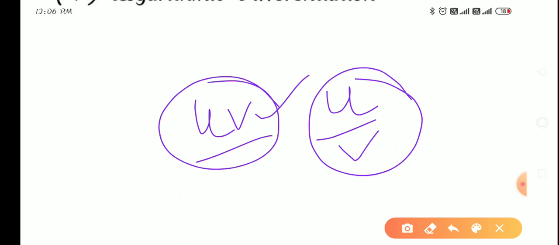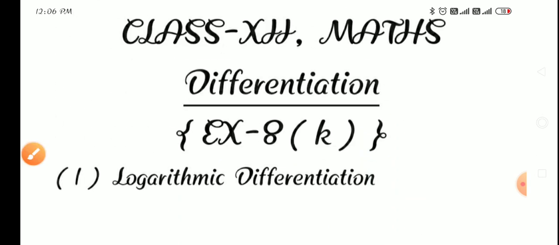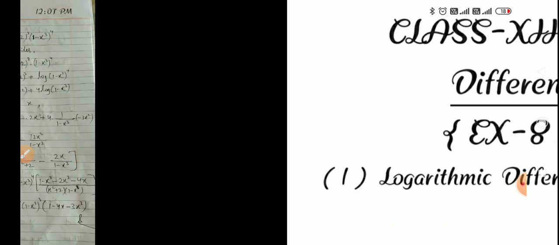Then it will be easy for us to differentiate. Now through some questions I will explain this concept. So I'm taking some questions of exercise 8K. You see carefully, then you will understand.